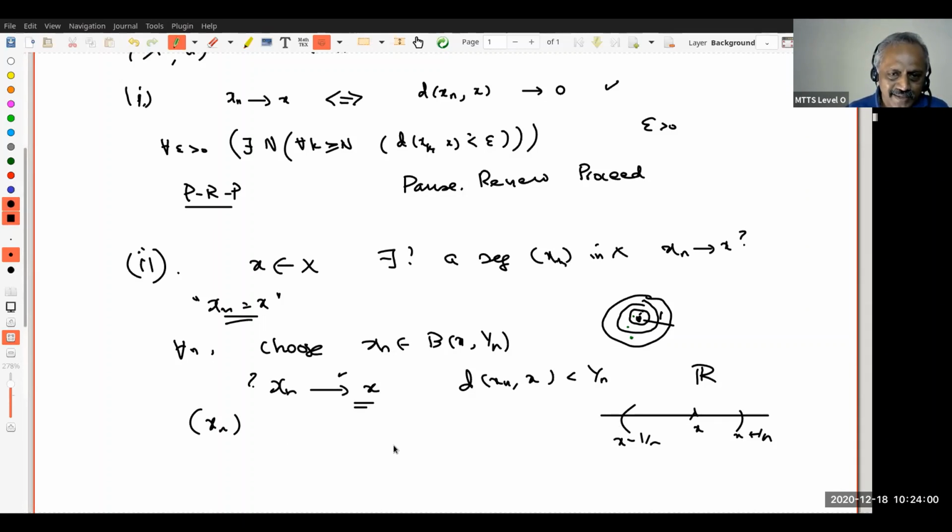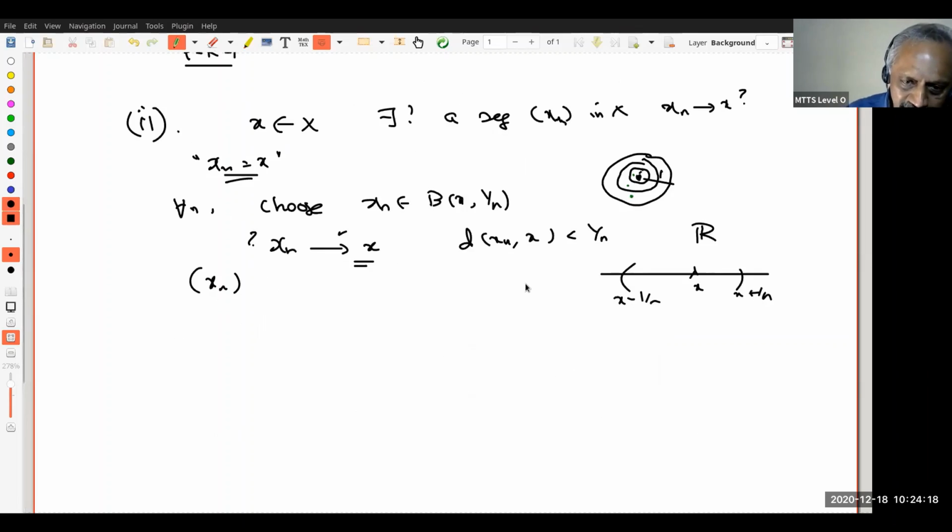Do you appreciate that? If you simply say this, it looks very prosaic, nothing great. But think of it the other way around. There are lots of choices of xn in the open ball B(x, 1/n), like in this case, uncountably many, if you know something about countability. Therefore, there are uncountably many choices of sequence xn, but no matter how you choose, all my xn will converge to x.